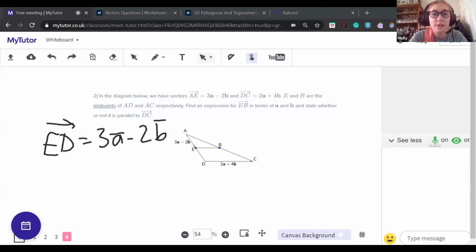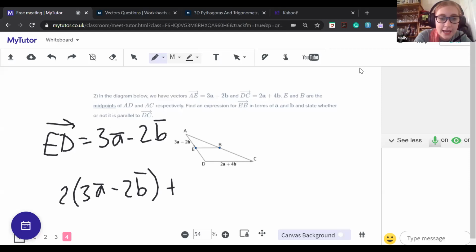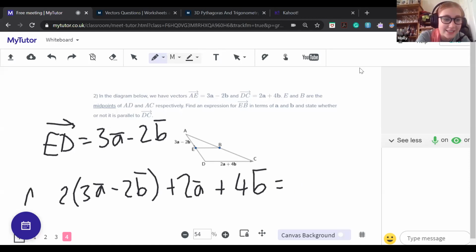So we see that we have to go from A to D to C to get AC. And so we do 2 lots of 3a minus 2b, and we add our 2a plus 4b. And that gives us AC. Sorry, this is AC. And that gives us 8a.